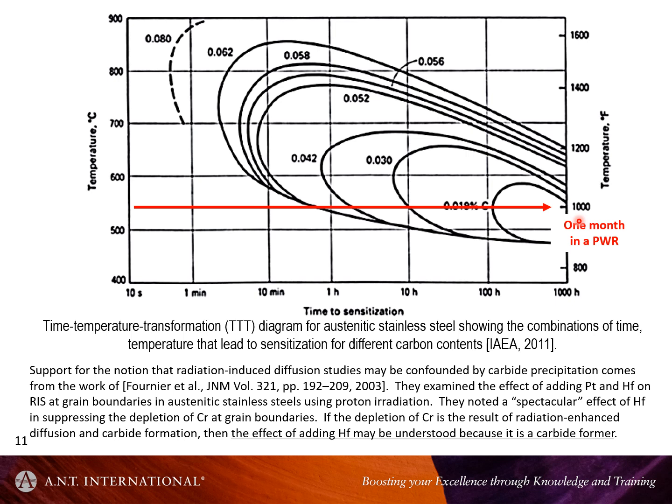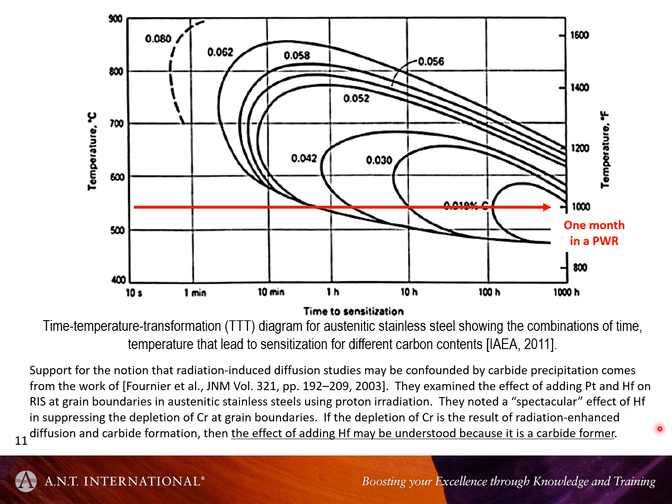So support for the notion that the radiation effect might be due to carbide precipitation comes from the work of Fournier et al. They did some ion irradiations, and they looked at the effect of varying amounts of alloying elements, platinum, hafnium, and looked at what effect that had on the segregation, the depletion of chromium at grain boundaries during proton irradiation. And what was interesting is how they described the effect. They described the spectacular effect of hafnium in suppressing depletion of chromium at grain boundaries.